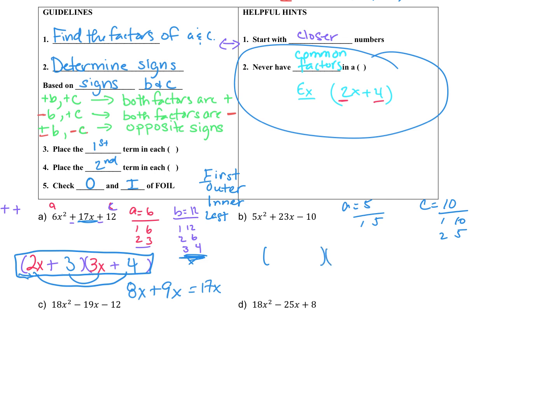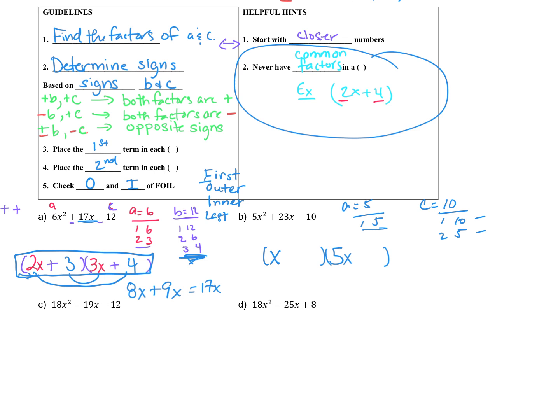You're not sure, and it depends on where you place your number. So you just do this one, you know for sure. It has to be a 1 and a 5. If you want to put an x here and a 5x here, that's fine. Now you have to determine, am I going to use 1 and 10 or 2 and 5? Well, 2 and 5 are closer in number, so I can use that.